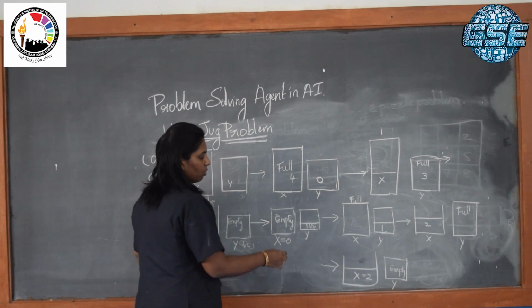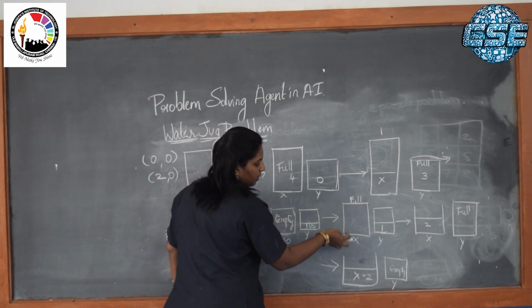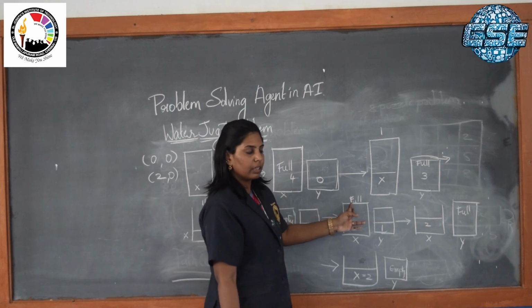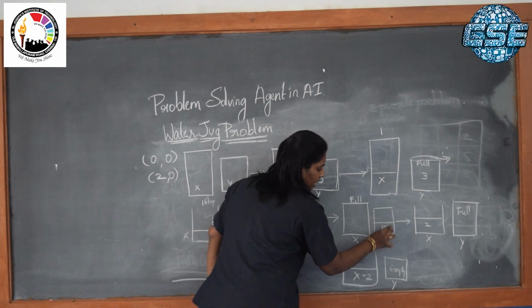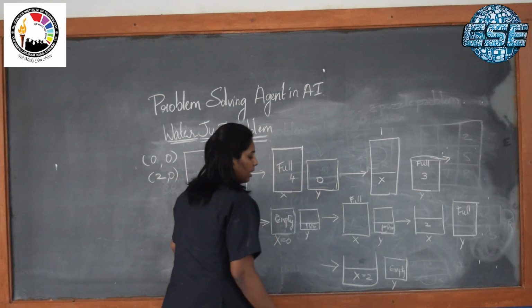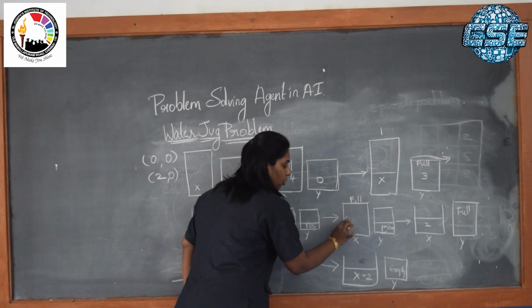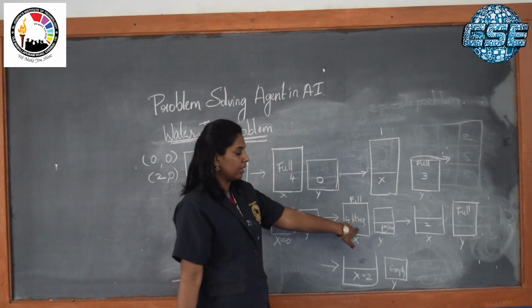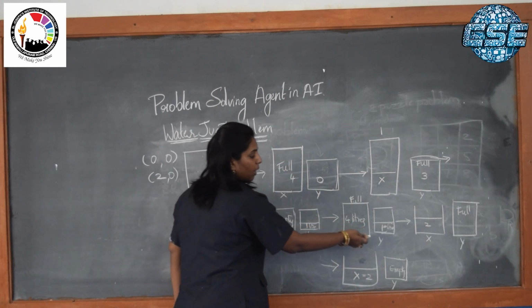Again, using the tap, we need to fill the X jar, that is 4 liters of water inside it. So it is filled and Y has only 1 liter inside it. If X is full, we have 4 liters of water inside it, and in Y we have only 1 liter.